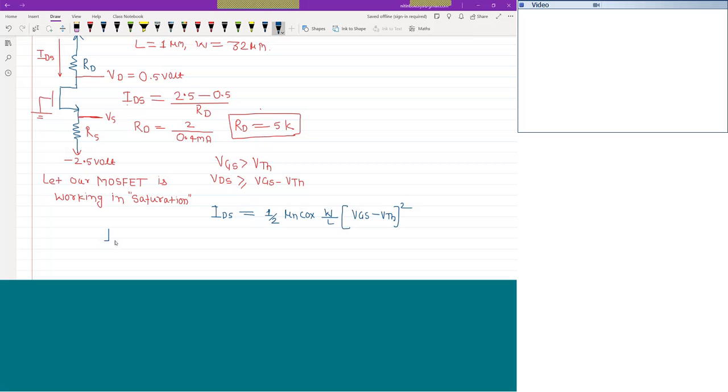So I can say IDS, and what is value of IDS? I can say the value of IDS is equivalent to 0.4 milliampere.